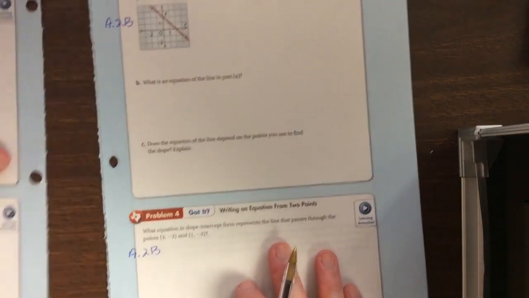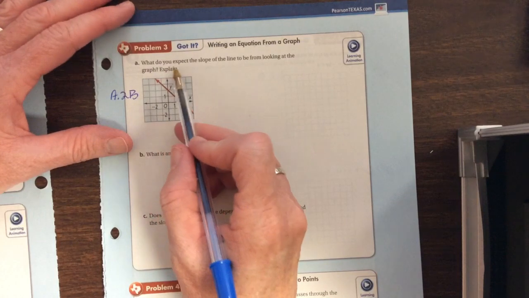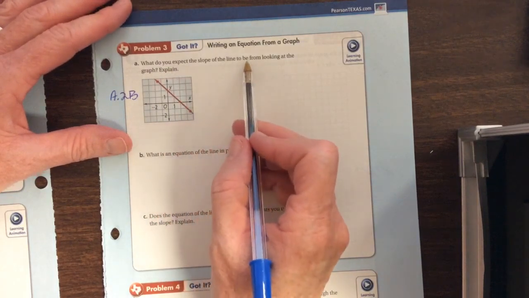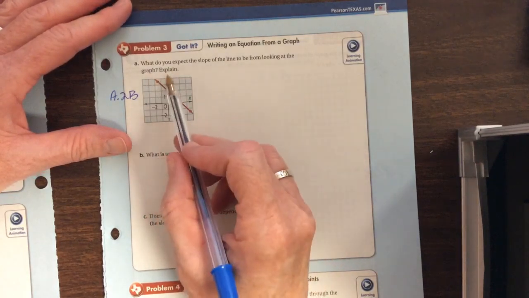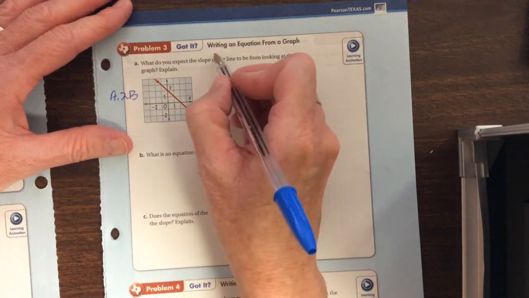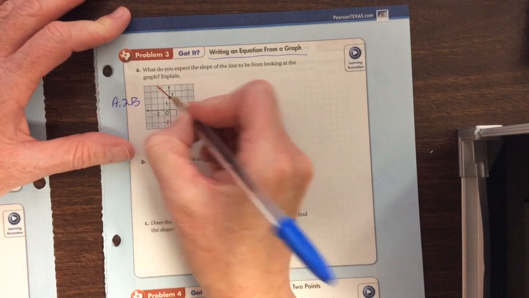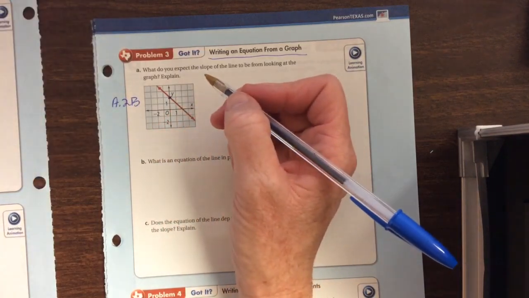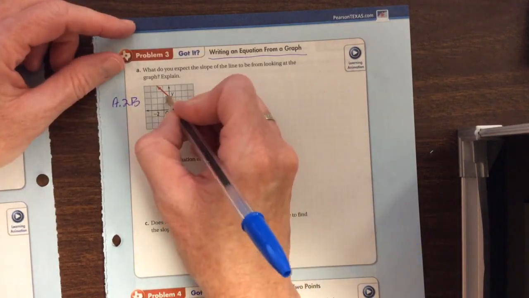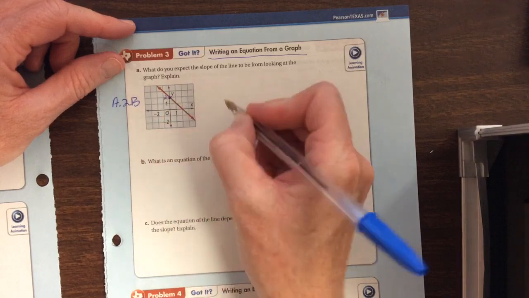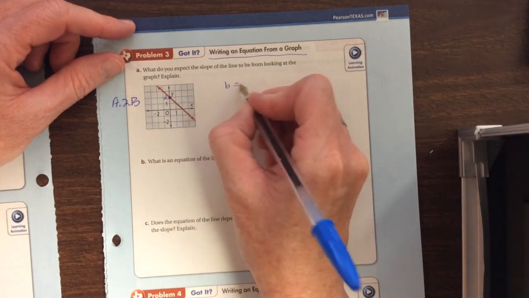Let's look at the next one. What do you expect the slope of the line to be from looking at the graph? So we're going to write the equation from a graph. So I can see that it hits the y-intercept at 2. So I know my b is 2.